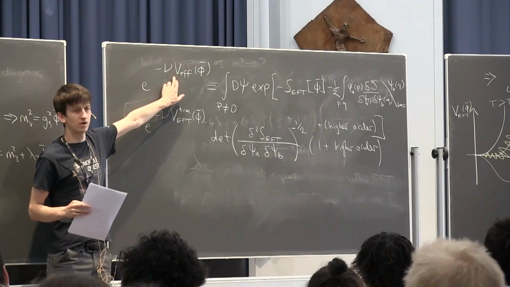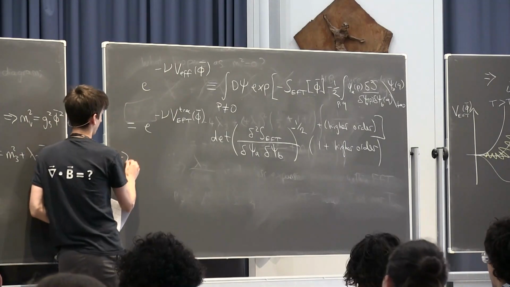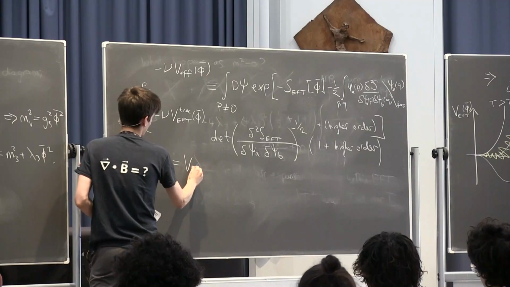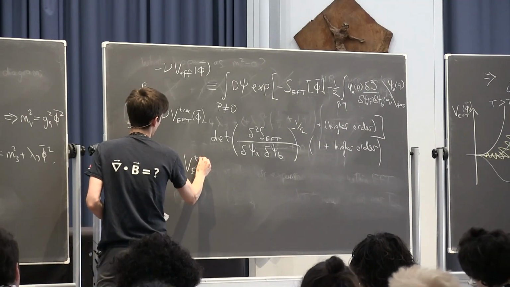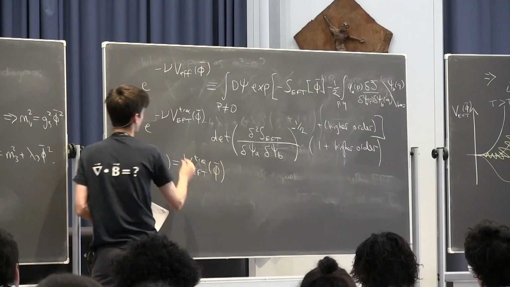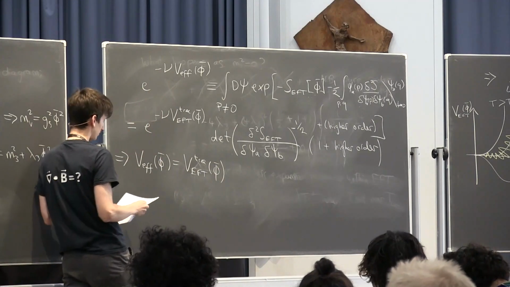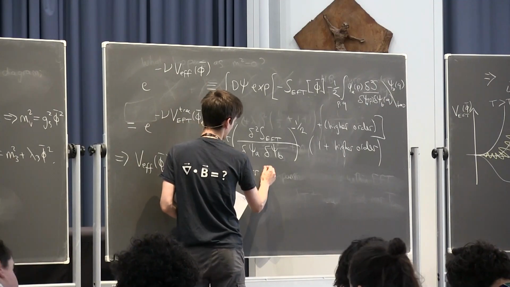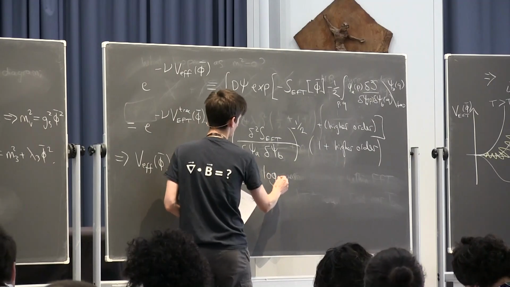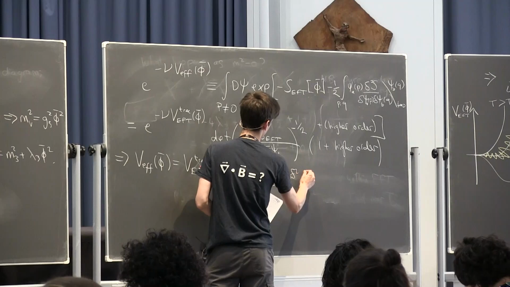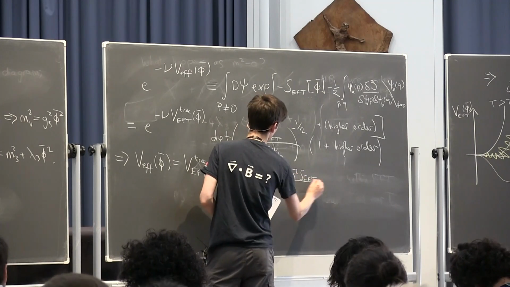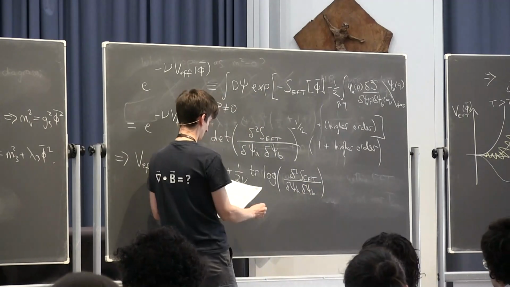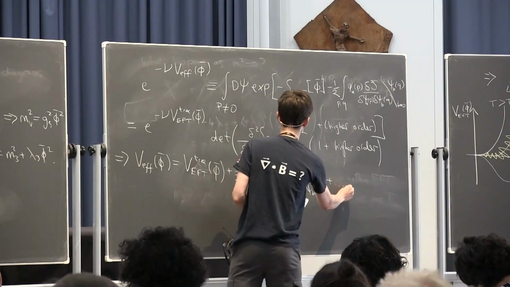And I can rearrange that now for my effective potential. My effective potential is my tree-level potential, since I've just taken a logarithm of both sides, plus 1 over 2 times the volume of the trace of the log of this operator, plus higher order.